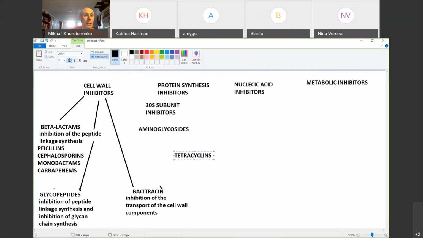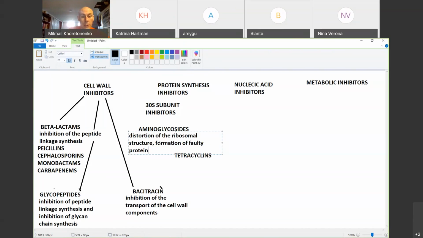Aminoglycosides, the mechanism will be distortion of the ribosomal structure, which leads to faulty protein synthesis. Okay.